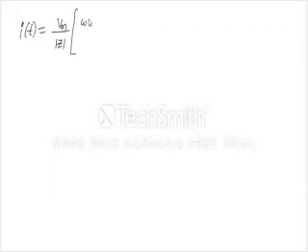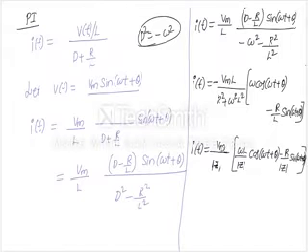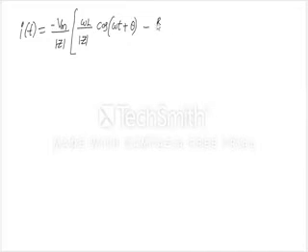So finally if I write like this, I of t is equal to Vm by mod Z into omega L by mod Z into cos of omega t plus theta minus R by mod Z into sine of omega t plus theta.